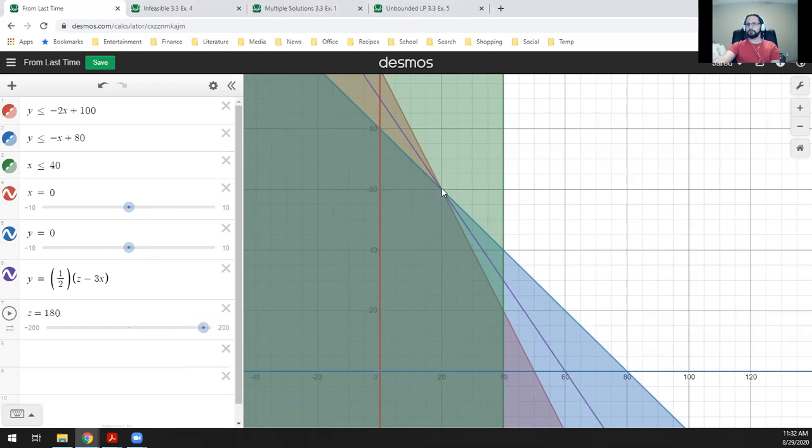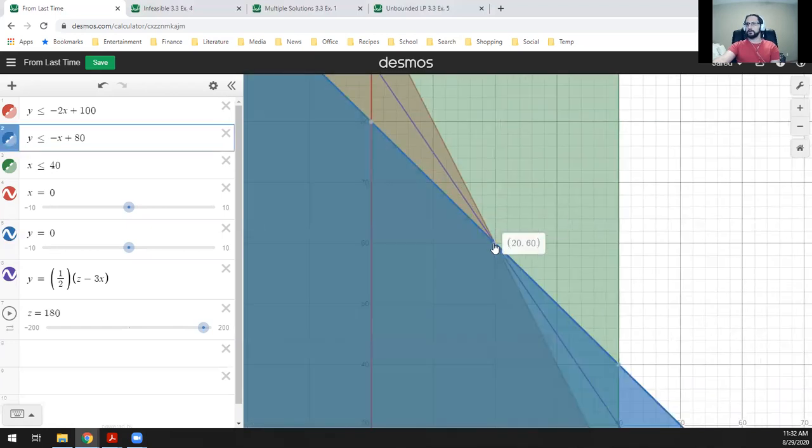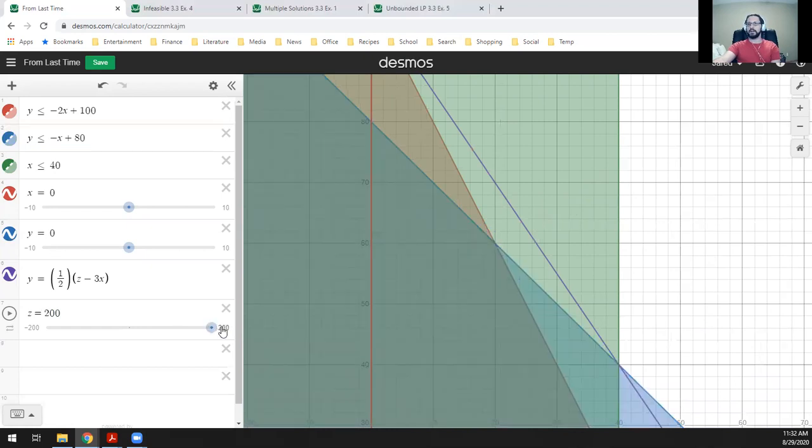At this point, this is the farthest that the isocline can travel while still being in the feasible region. Any farther, and the isocline exits the feasible region, and we have no solutions to the LP.